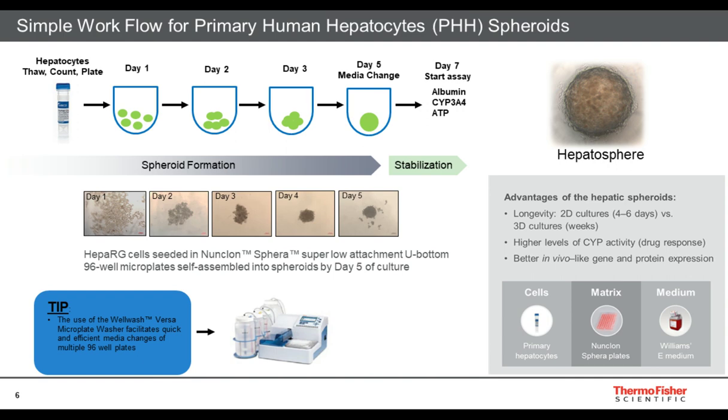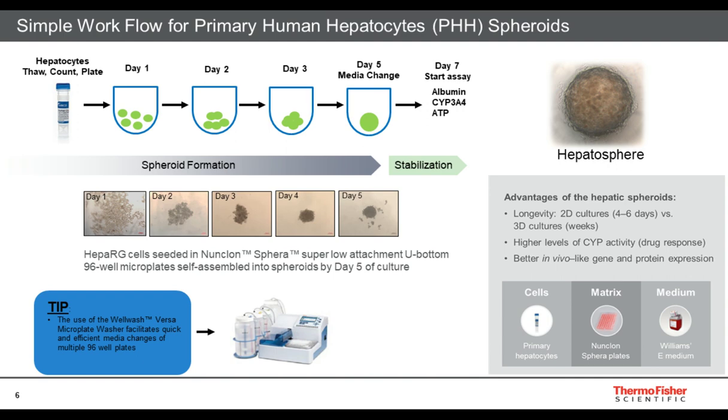You just thaw, count, and plate. As the cartoon indicates, the cells are initially individual, singularized, and then in the ultra-low adherent, round bottom Nunclon Sphera plates, the cells will self-aggregate and form these spheroids over time.